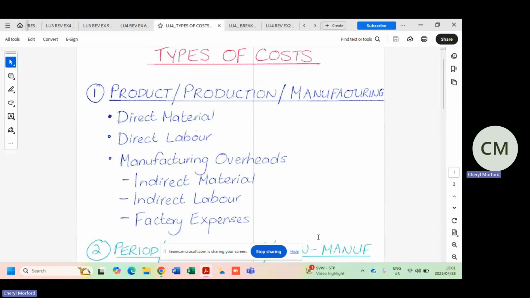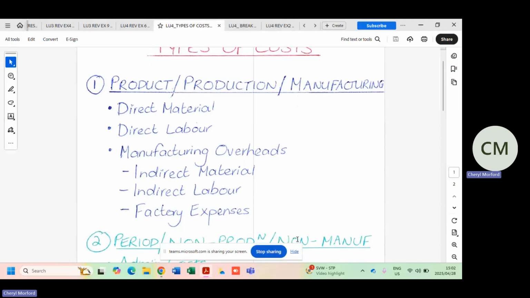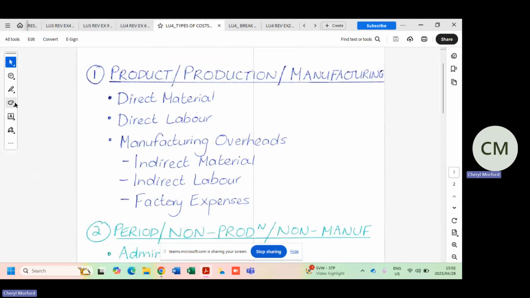So our first main class of costs is known either as a product cost, alternatively a production cost, or lastly a manufacturing cost. All of those are just synonyms for exactly the same thing because the components thereof are exactly the same.